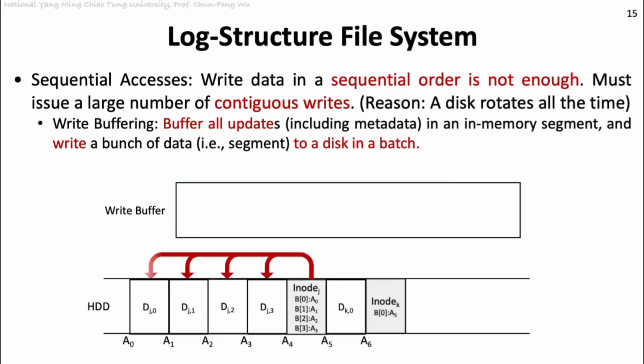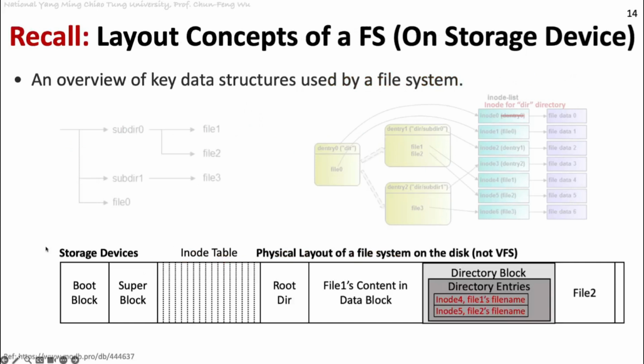So when we write this kind of data structure on a hard disk drive, this is the reason why, if you still remember in the layout slides, the boot block, super block, and inode table are all stored on the storage device.